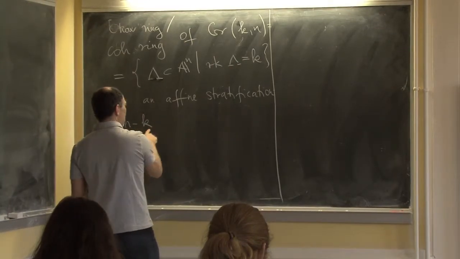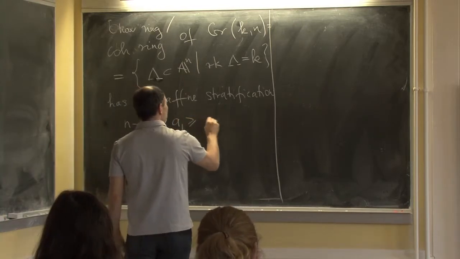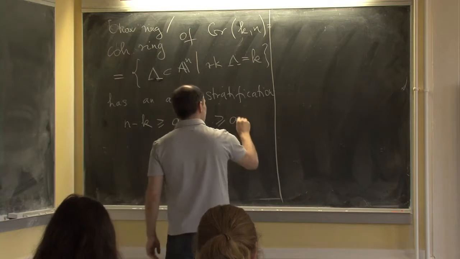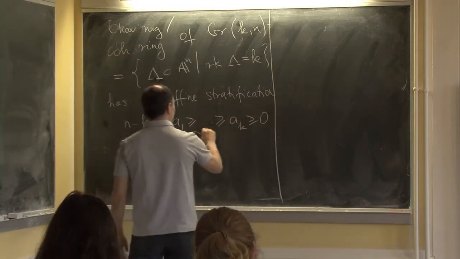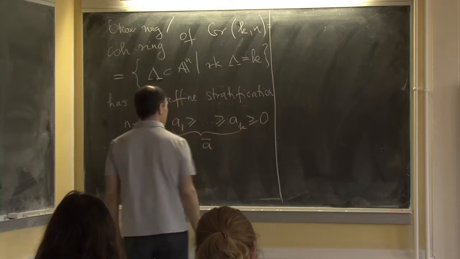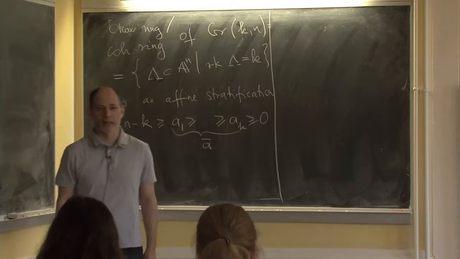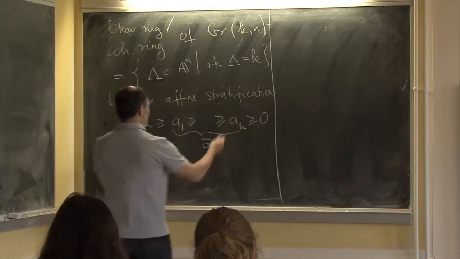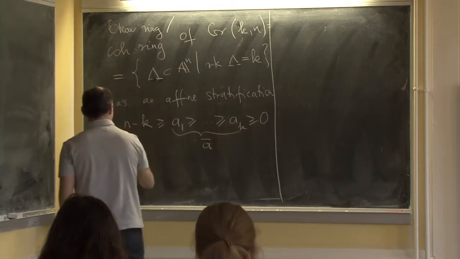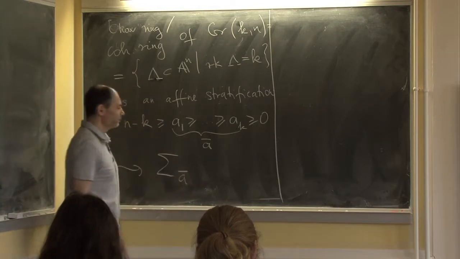So I take this number n minus k, and I take a sequence of k non-negative integers. And I'll denote this by A. Well, I'll put a bar on it just so that it's a vector. Okay, I look at these numbers, and to this we associate a sigma A bar.